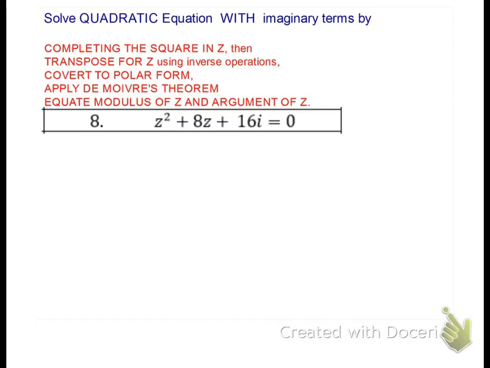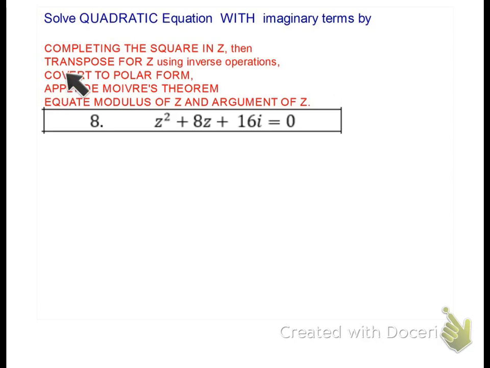So, introducing the next problem, I'm going to leave this as a challenge for you, and we can review it in class next time. But as you can see now, we've got two terms in this quadratic equation. We've got the z squared term plus an 8z, and then we've got our imaginary unit. So the strategy here is to complete the square in z.